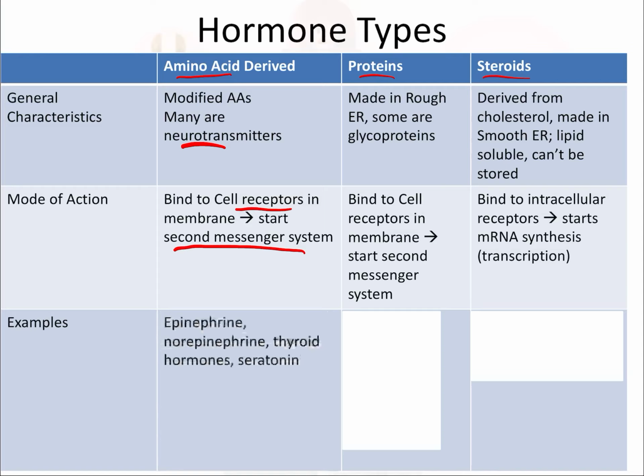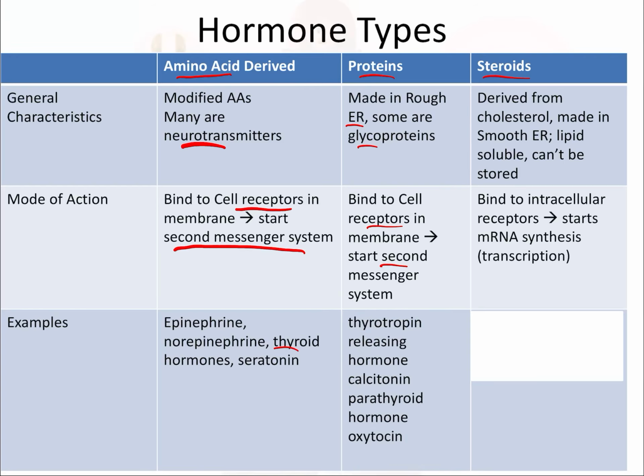You can see almost all of those, except the thyroid hormones, are also neurotransmitters. Proteins, obviously made in the rough ER like all proteins are. Some are glycoproteins. They also bind to cell receptors, start the second messenger system. Examples of those: thyrotropin-releasing hormone, calcitonin, parathyroid hormone, oxytocin. There's a lot of different protein hormones.